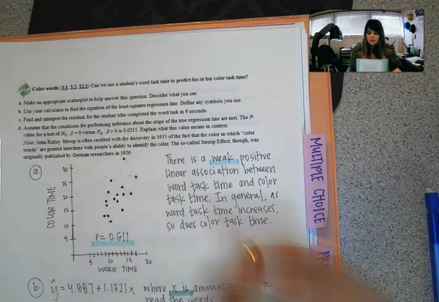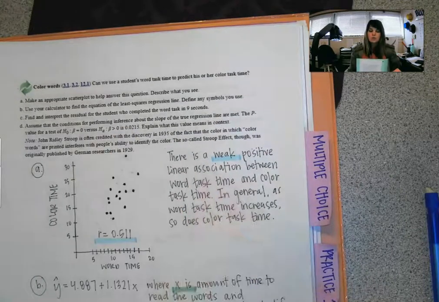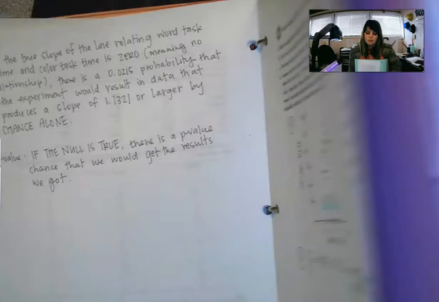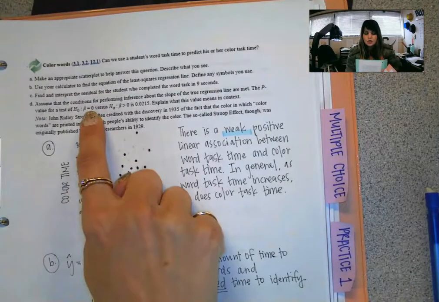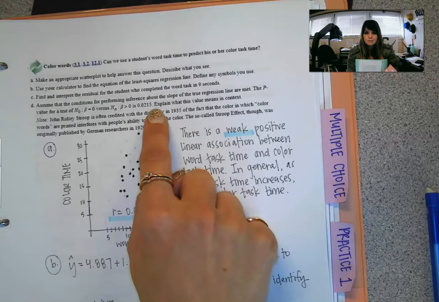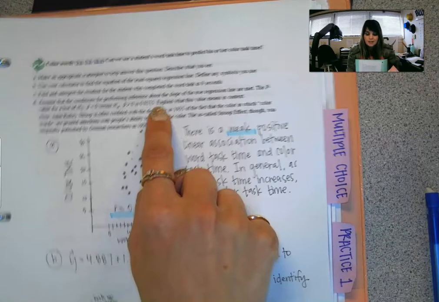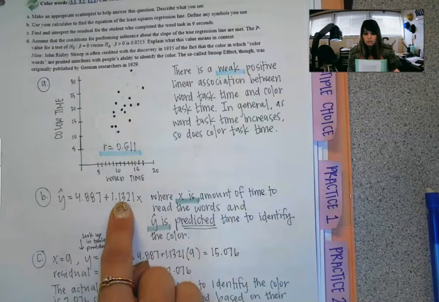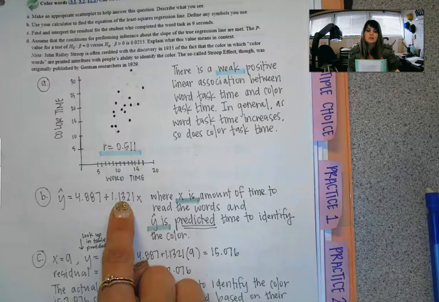What does that mean? What does a p-value of 0.0215 mean? So if the null is true, well, the null is that there's no relationship, so slope is 0. There is a 2.15% chance that we would get a slope value of 1.321 just by chance.